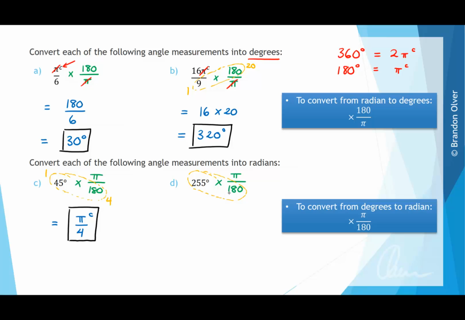So 15 goes into 180 12 times, and 15 goes into 255 17 times. Therefore, we can evaluate this as being 17 times pi, which is 17 pi, divided by 12. And the units for that is now radians. So that is 17 pi on 12 radians is the equivalent measure in radians for 255 degrees.